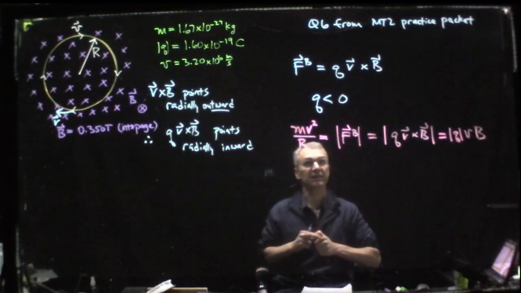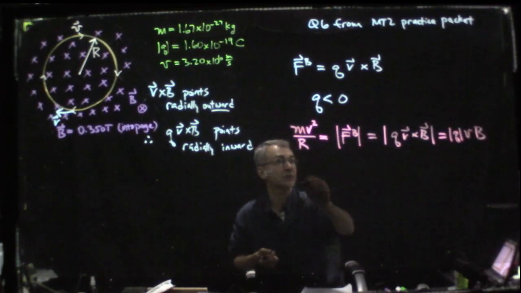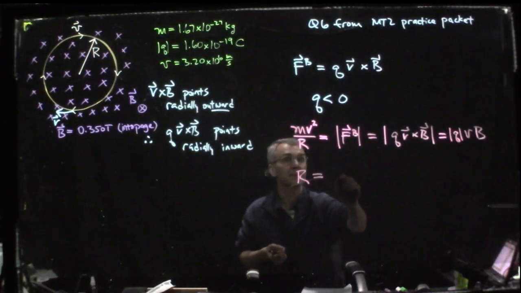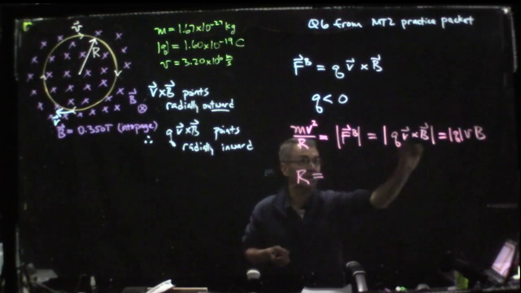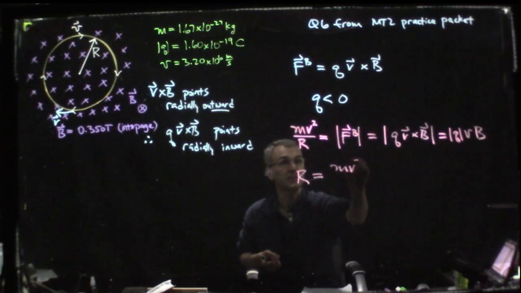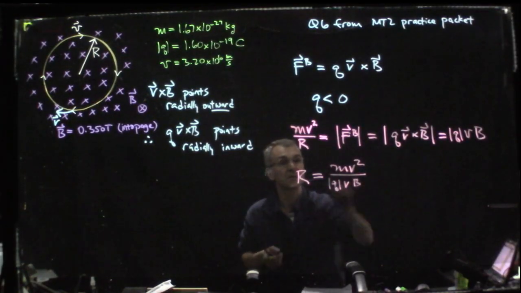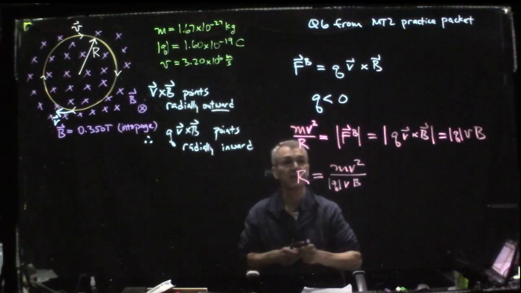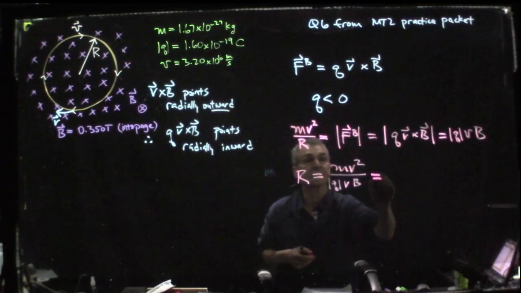So then we can solve for R. The radius is going to go over here, so then this stuff comes down, so we have mv squared divided by qvB, and we can cancel one factor of v.